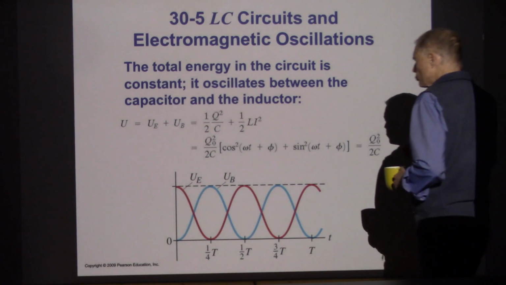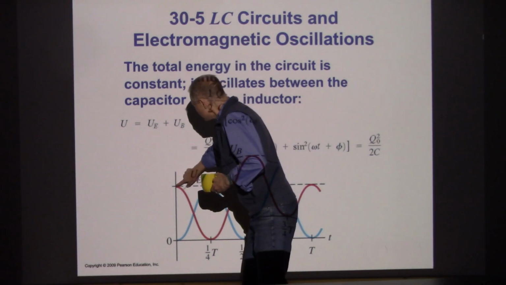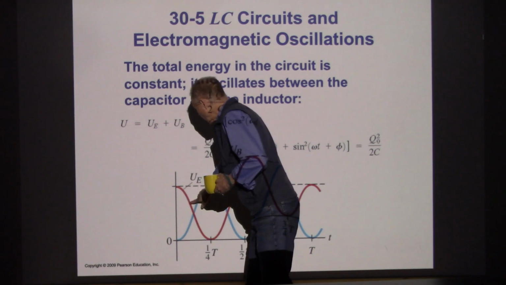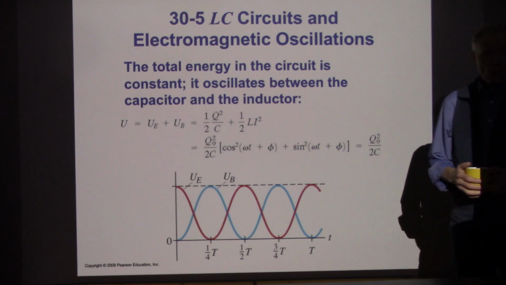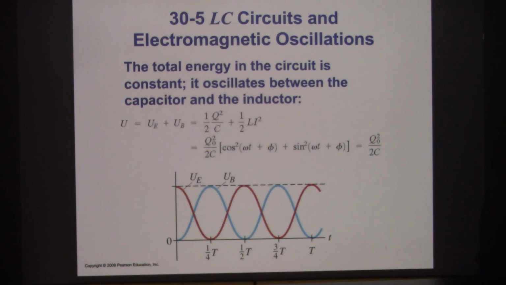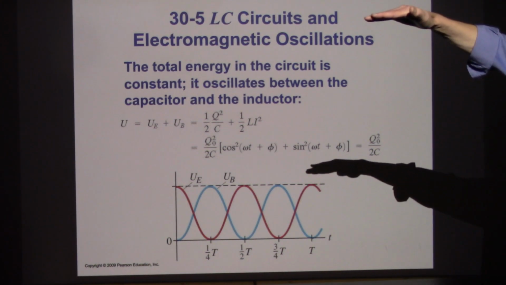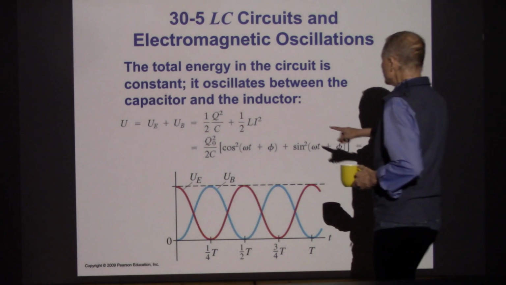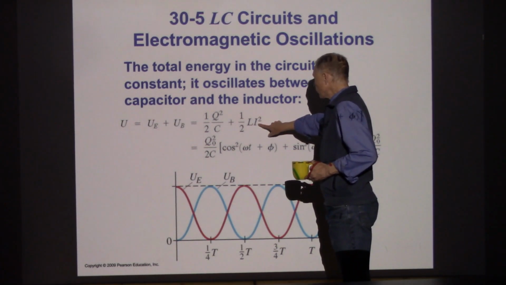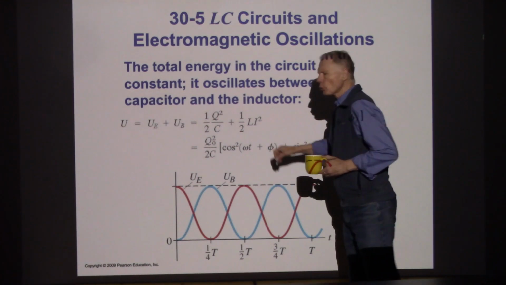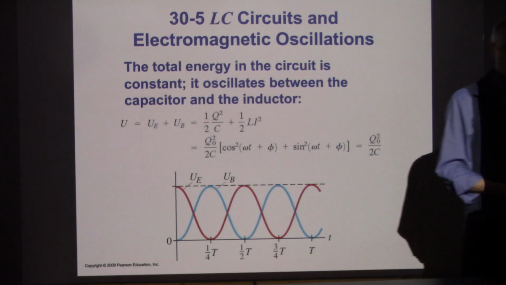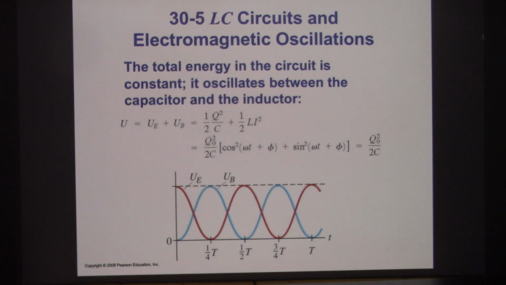And then when we close the switch, energy from the capacitor leaves and goes into the inductor. So as the capacitor discharges, the current is increasing, and as the current increases, that's more and more energy in the inductor. Remember, the inductor is storing energy in its magnetic field, and the magnetic field is proportional to the amount of current going through the inductor.